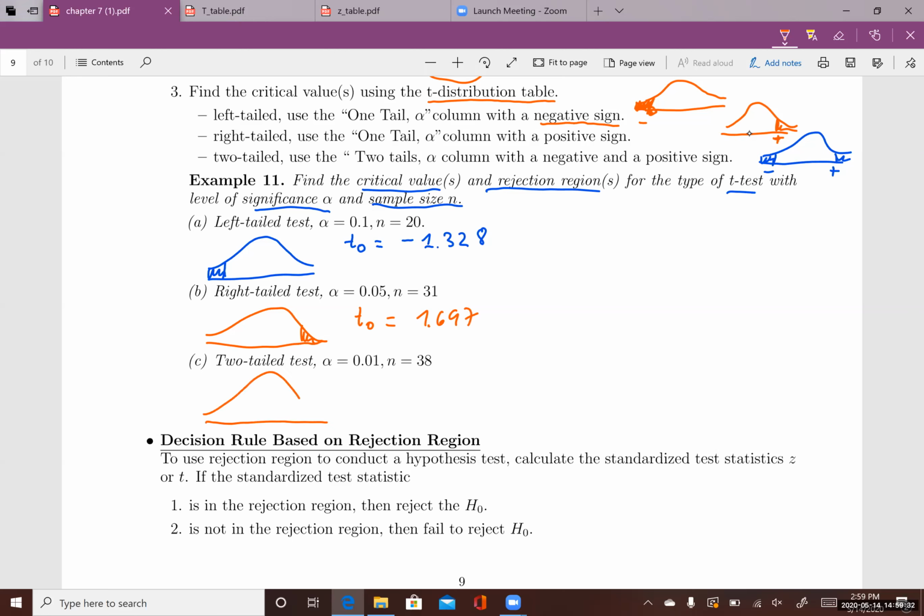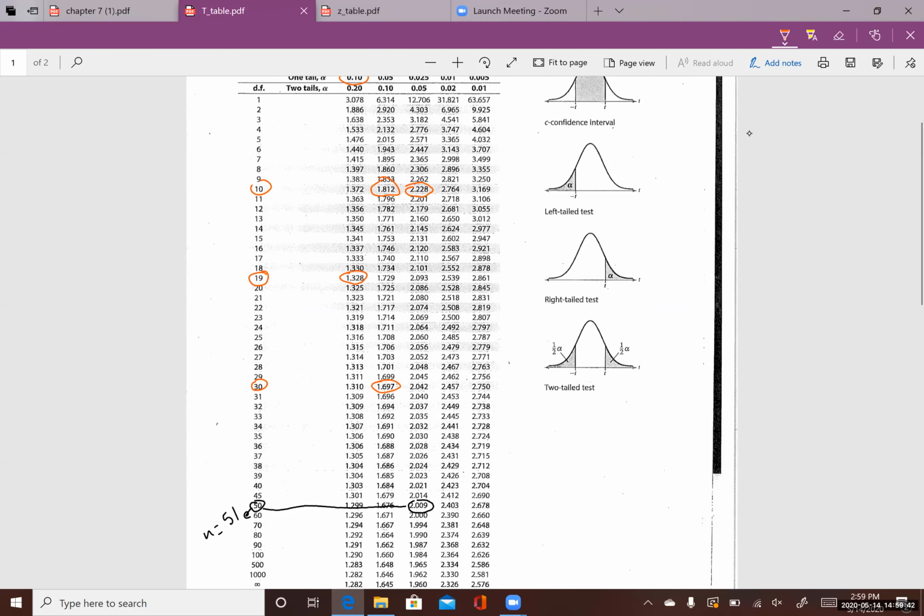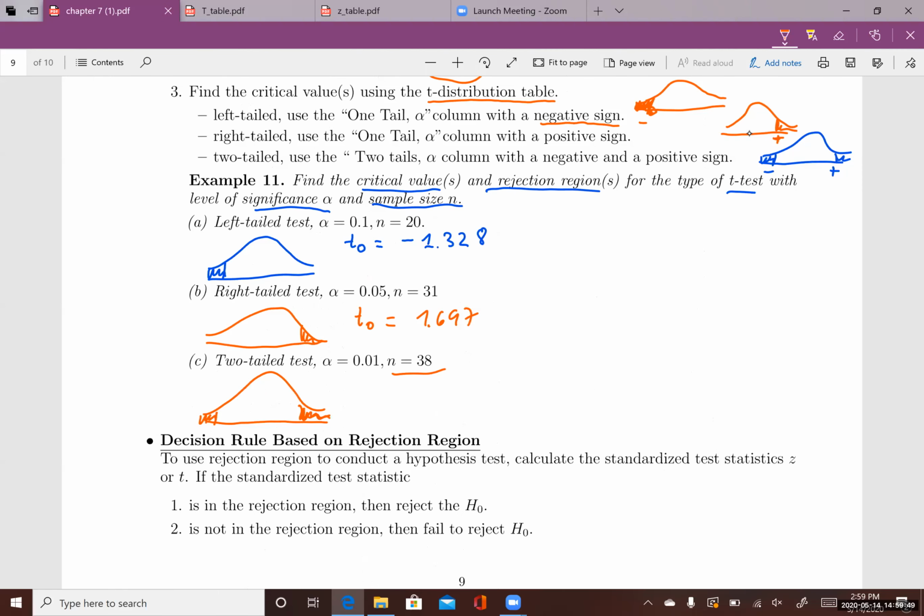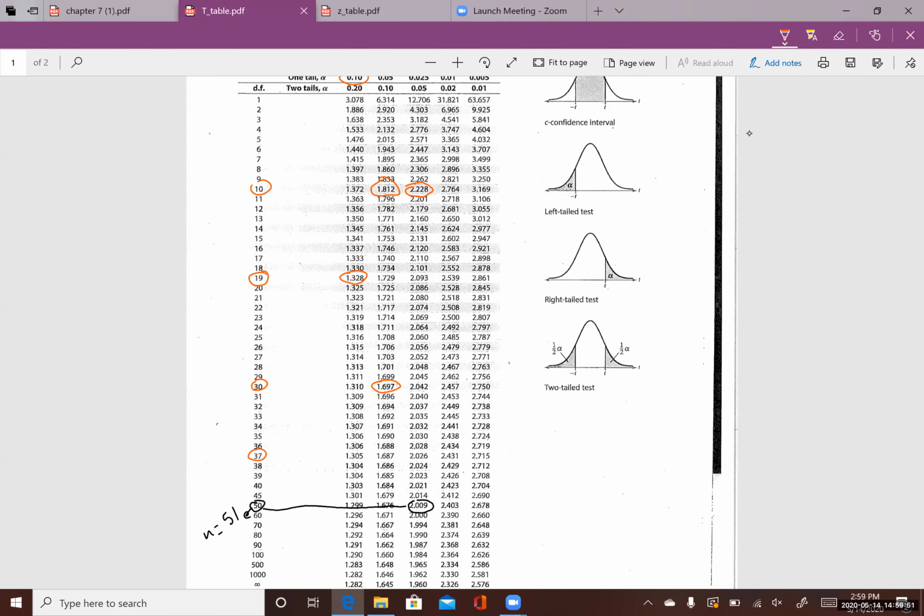When you have a two-tailed test, you know that your rejection region should be on both sides. Okay, and then n is 38. Then degree of freedom is 37 and two-tailed 0.01. 0.01 is here, go down here, and I have 2.715.